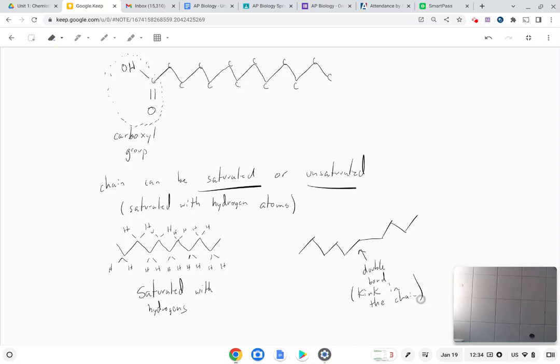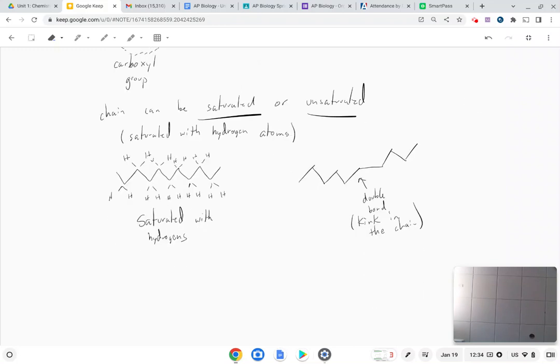That would mean this is an area that's not saturated, or unsaturated is the word. Unsaturated fatty acid.